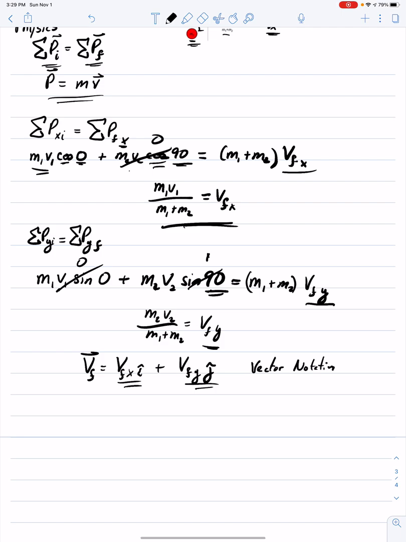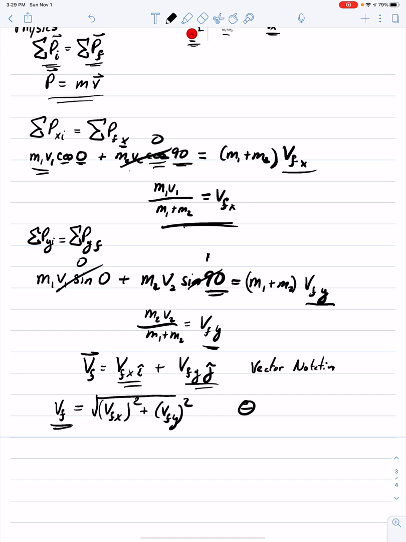So since we want the magnitude, just do the Pythagorean theorem. And you should get the magnitude.